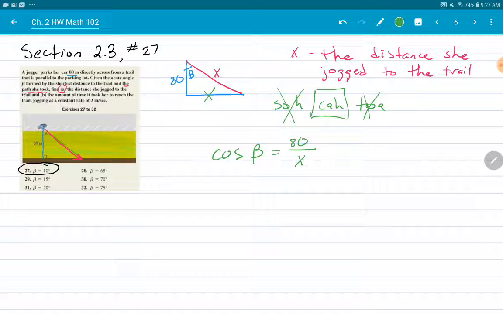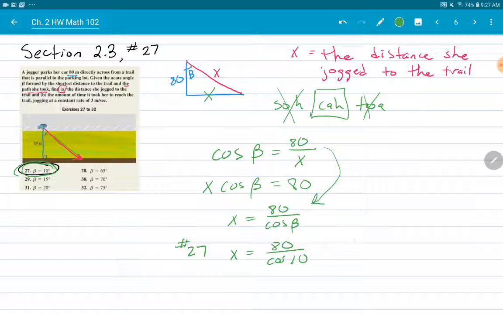So to get x by itself, first multiply x by both sides, and then divide by cosine. You can also jump from here to here if you're comfortable with that. Okay, so now I just need to plug in the beta. That I get from number 27 here is 10. So for number 27, x equals 80 divided by cosine of 10.